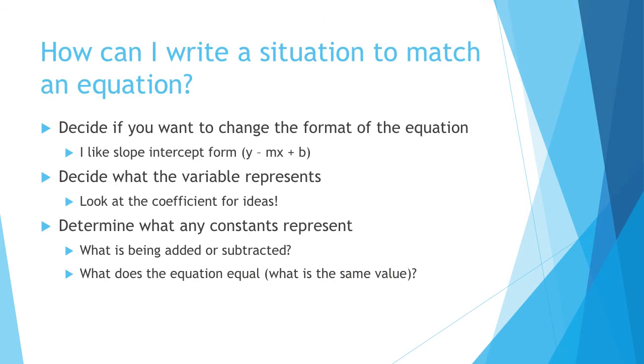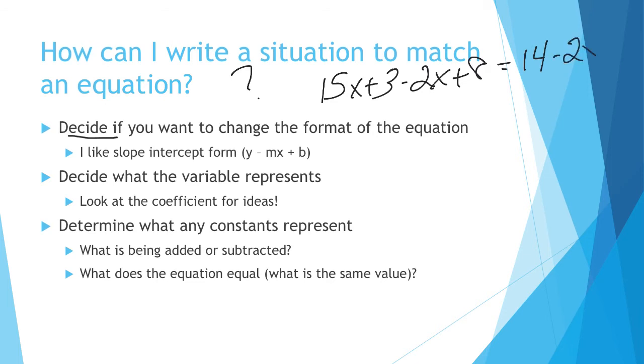So how can I write a situation to match an equation? First we have to decide if you want to change the format. So equations can be written in different ways. I could have 15x plus 3 minus 2x plus 8 equals 14 minus 2x.